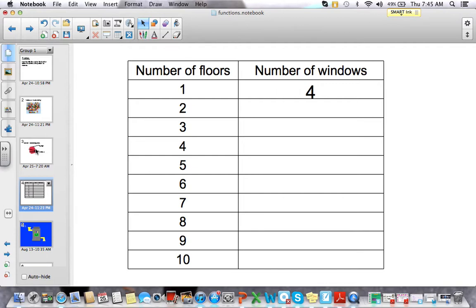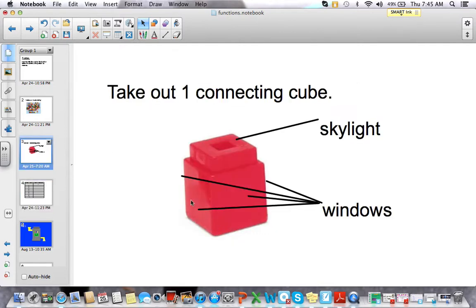Remember, we want to know the number of windows for the second floor. So if you count the windows, you will notice that now on the first floor, you still have your 4 windows, but the skylight is now not there because you have the second floor on top of it. So we have 4 windows on the first floor, 4 windows on the second floor, and the skylight.